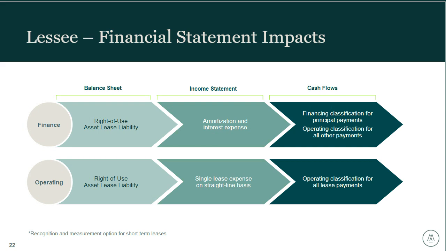And then the cash flows, you're going to have your financing paid for the principal and operating for any other payments. Under operating leases, you have that same balance sheet and then one line item, on a straight-line basis, and everything is operating on the cash flow statement.